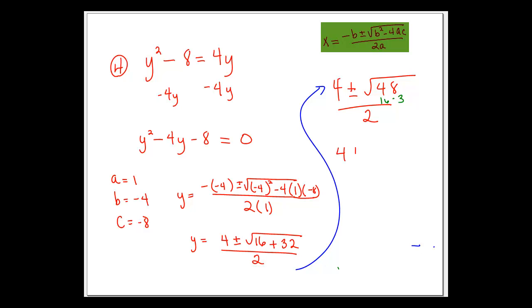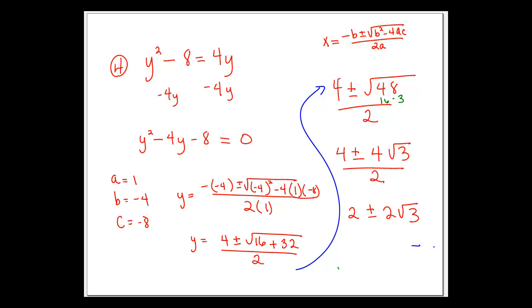So we have 4 plus or minus the square root of 16 is 4, leaving a 3 on the inside, 2 underneath. You can still simplify further. Each one has a number outside that reduces by 2, leaving you with 2 plus or minus 2 times the square root of 3 over 1, and you do not have to show the 1. So those are your two solutions.